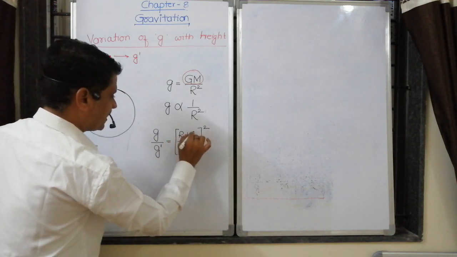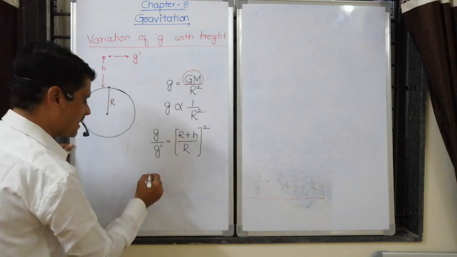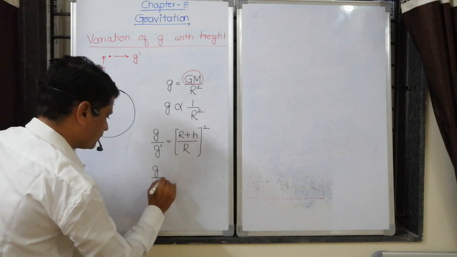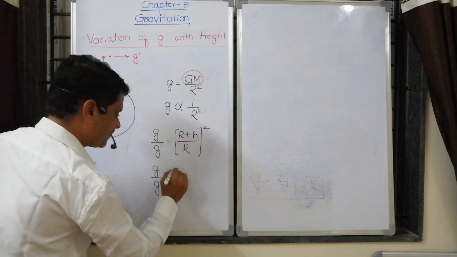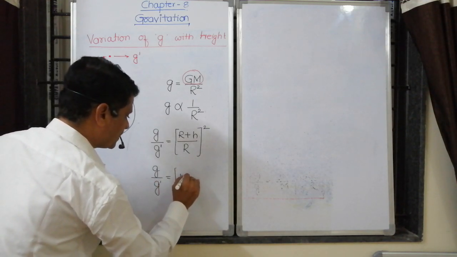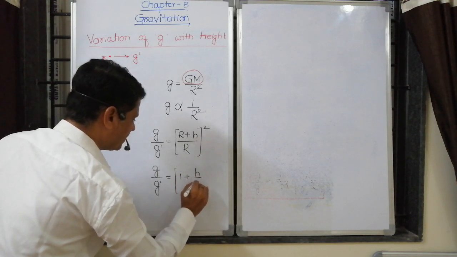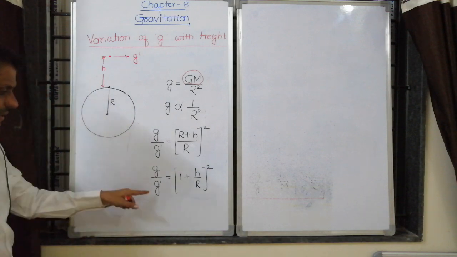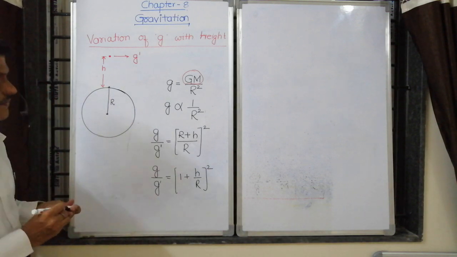This I can modify as g by g dash is equal to 1 plus h by r whole square.